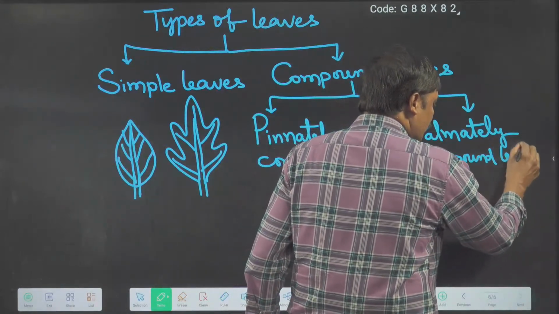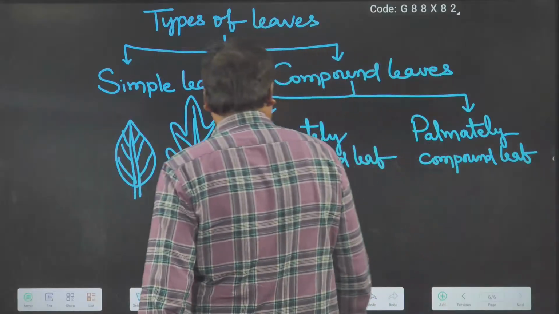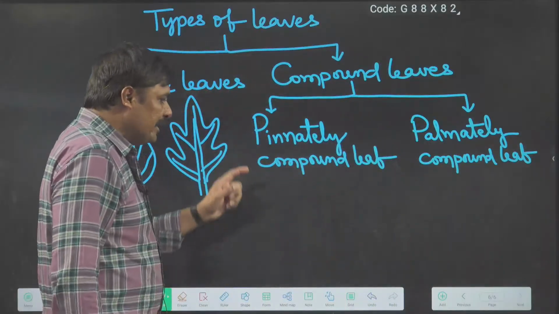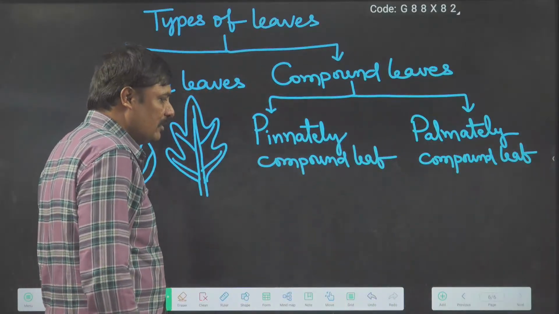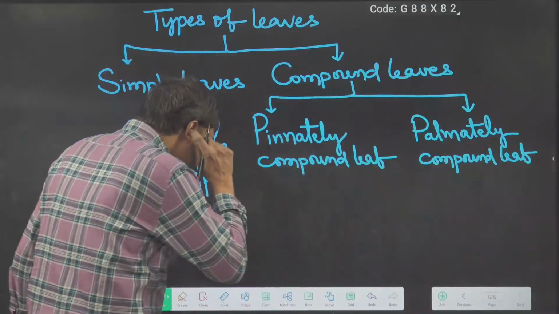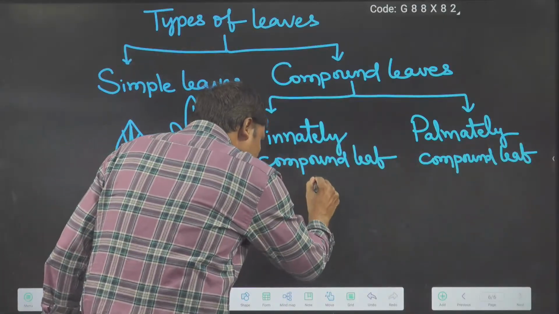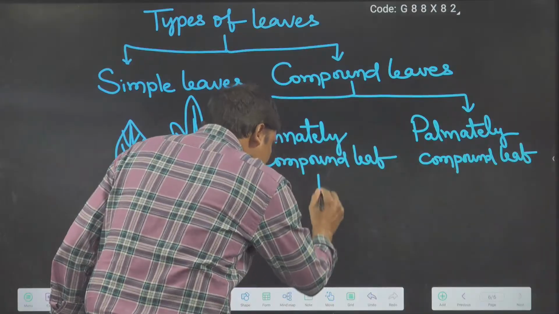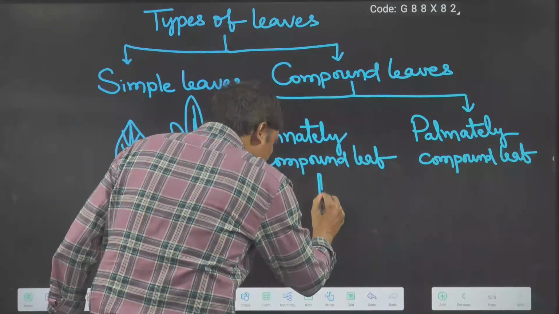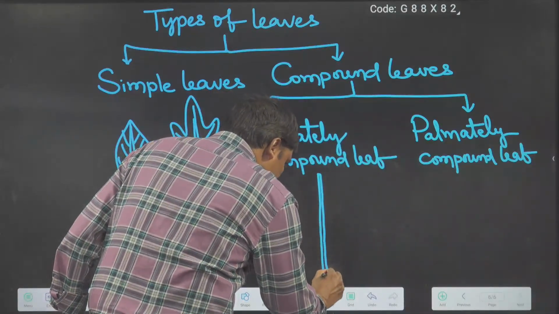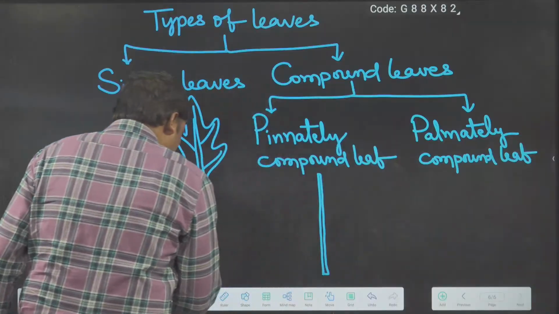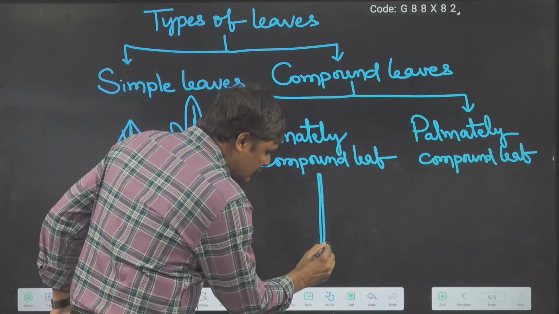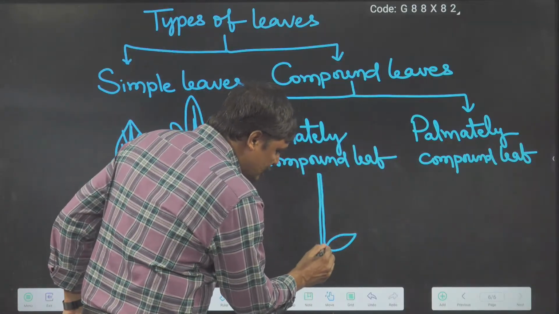What is a pinnately compound leaf? In the pinnately compound leaf, there is a midrib called the rachis. On the rachis, there are leaflets like this.